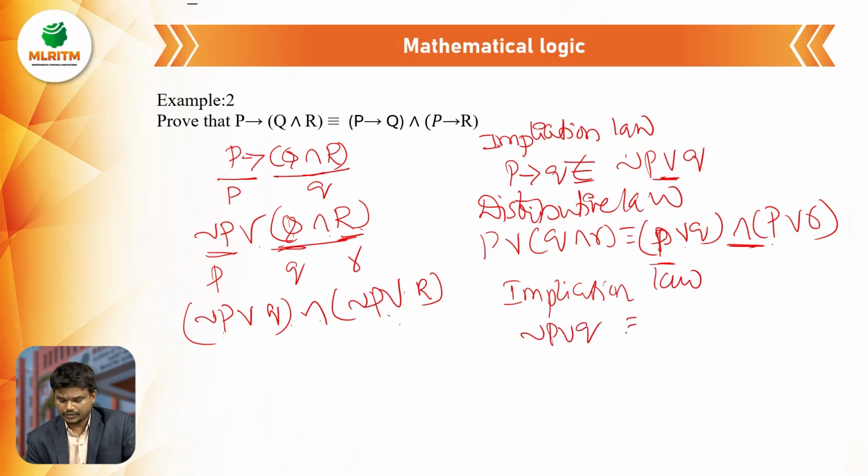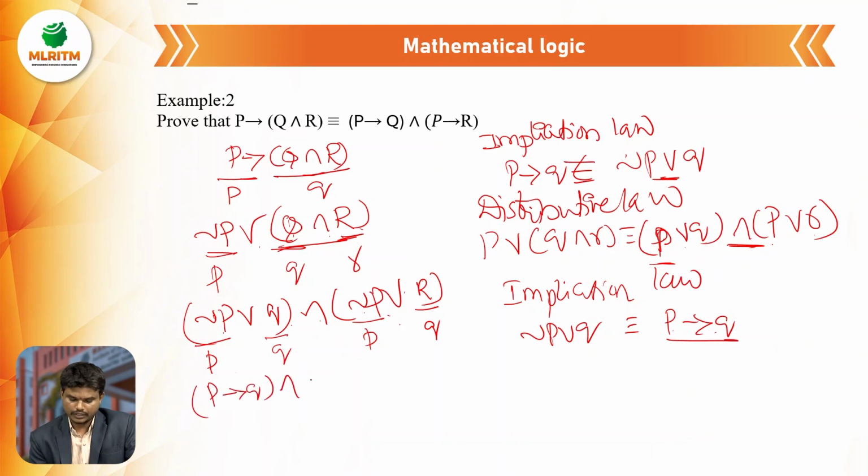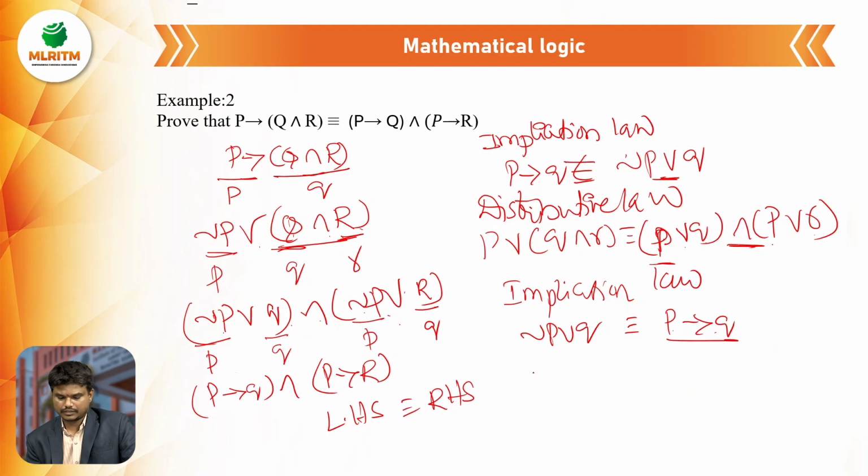Negation P or Q is equivalent to P implies Q. Here negation P is the P, and Q is the Q. And here R is the Q. So what is the equation? P implies Q and P implies R. So we prove that LHS is equivalent to RHS. That is, P implies (Q and R) is equivalent to (P implies Q) and (P implies R).